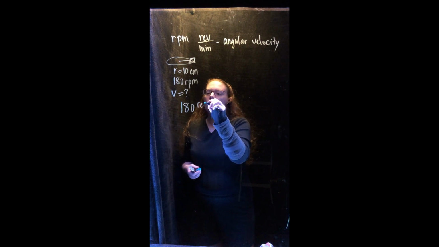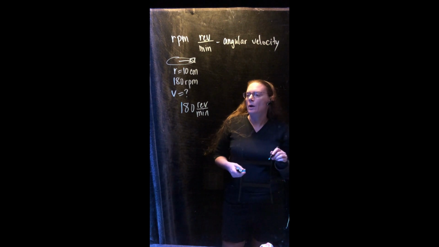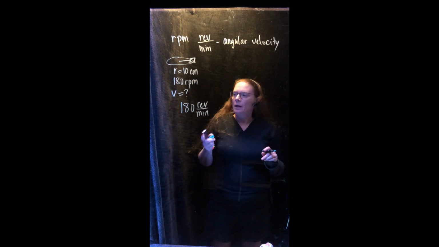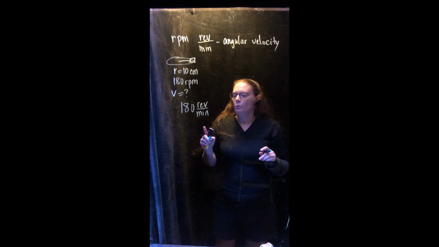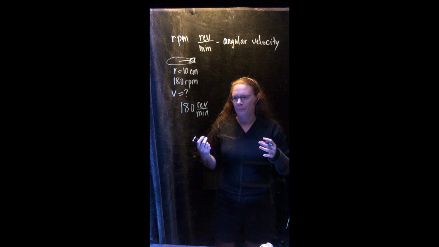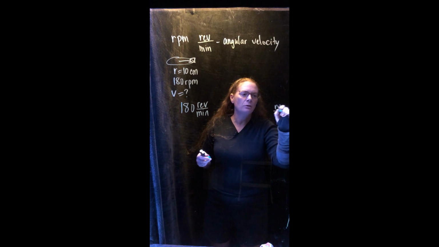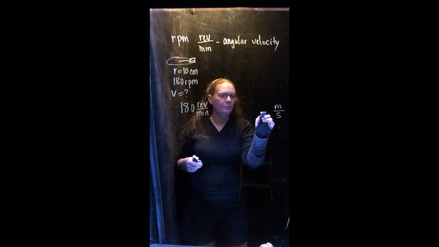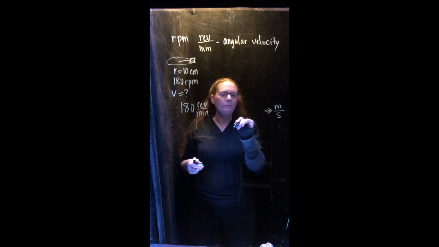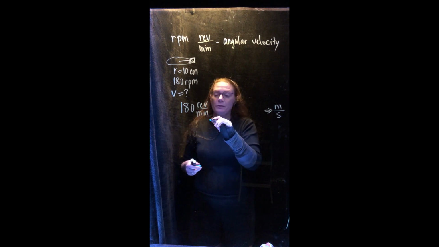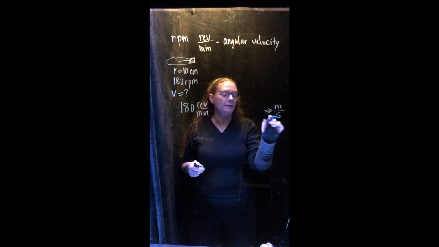180 revolutions per minute. I want to take that revolutions per minute and convert it to a velocity in meters per second. So I need to end up with meters over seconds. I can do the easy one first to convert minutes to seconds.